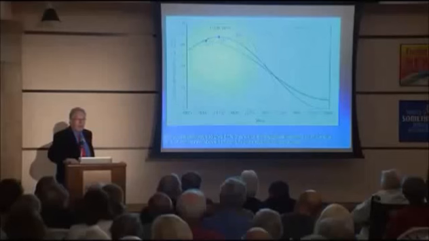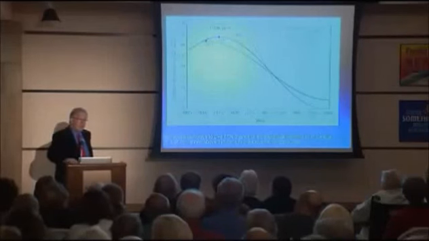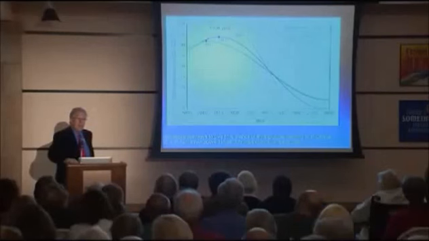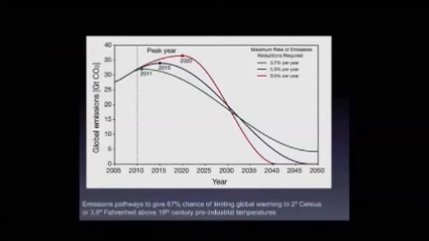Some countries, especially low-lying island states, have said we'd like to have less than that much warming. But if you want to have that much warming, if you, the governments of the world, take that decision, then the science can help you say what it would take to get it. And what it says is there's a certain amount of CO2 that you can have in the atmosphere and no more. We don't know exactly, that's why this is a 2 out of 3 chance, but it says that if that's your goal, it's better to start reducing emissions right away, because then you can glide down with reductions of 3 or 4% per year.